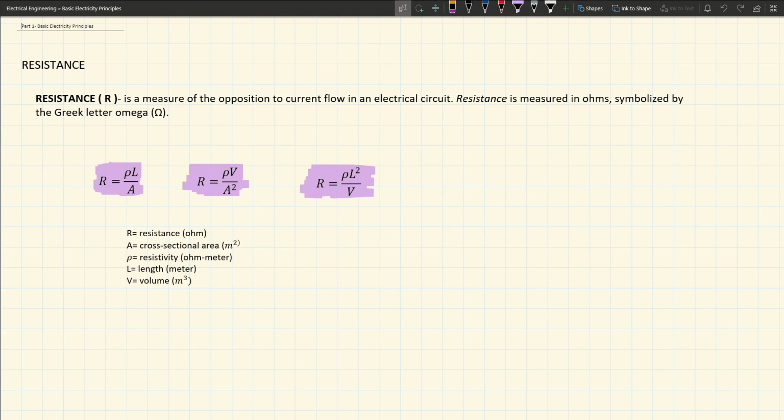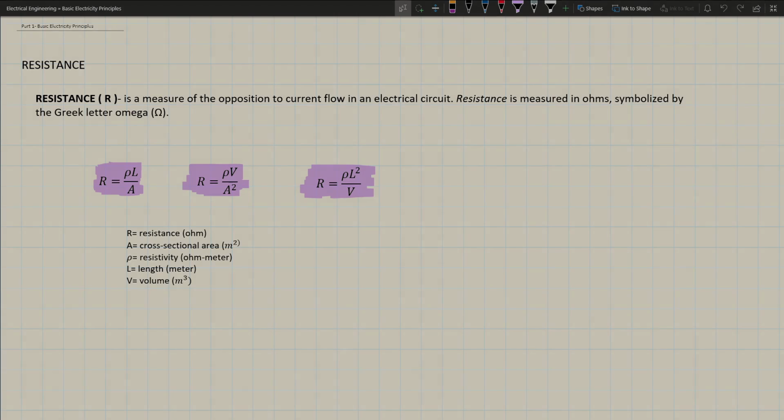Also, resistance is equal to the resistivity times the squared length all over the volume, wherein the unit of the resistance is ohms, cross-sectional area is m squared, resistivity is ohm meter, length is meter, volume is cubic meter.